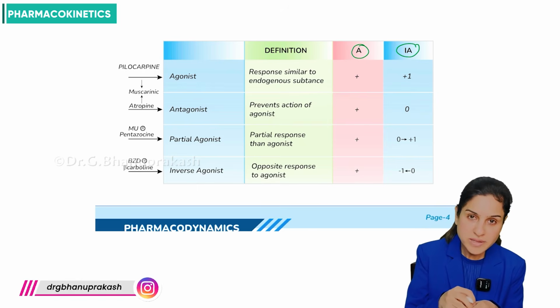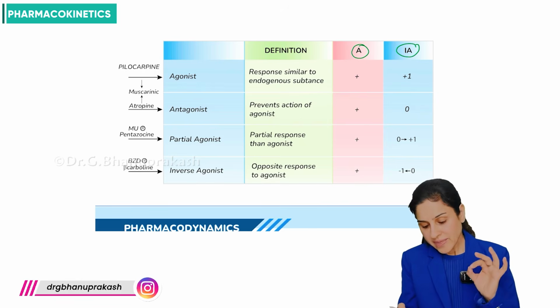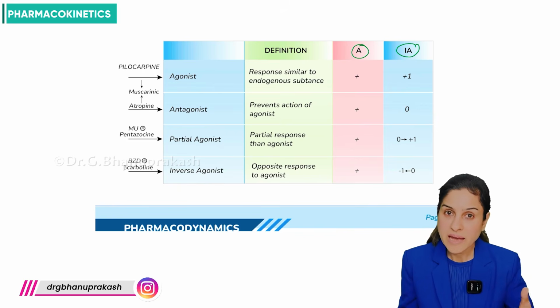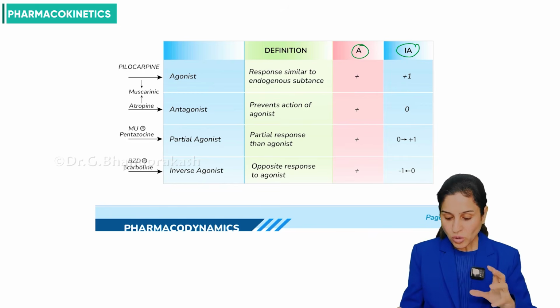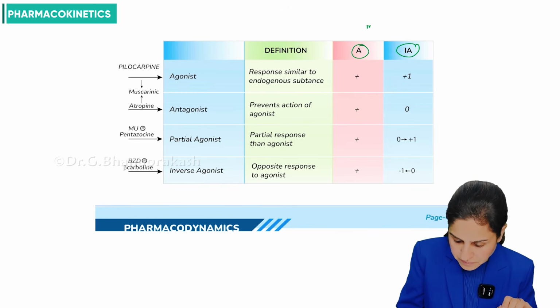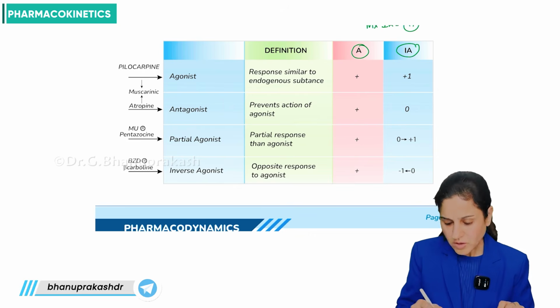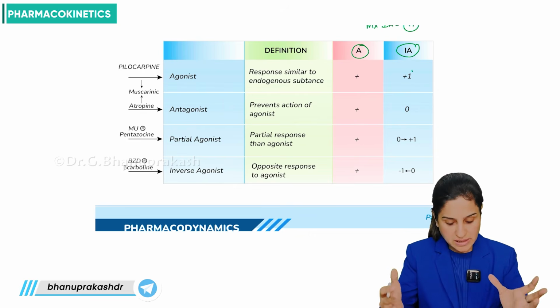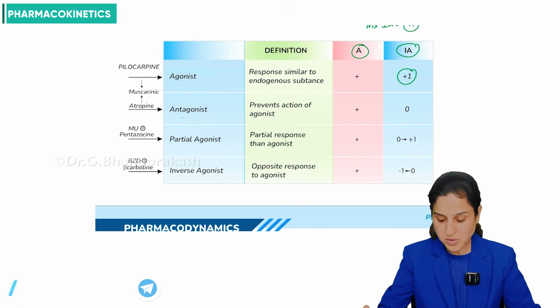That's why they bind to the receptor. That's positive for all. But they differ in their intrinsic activity, the response that is produced by them. So maximum intrinsic activity is said to be +1. I said the maximum effect is seen with agonists, so they have intrinsic activity of maximum +1.